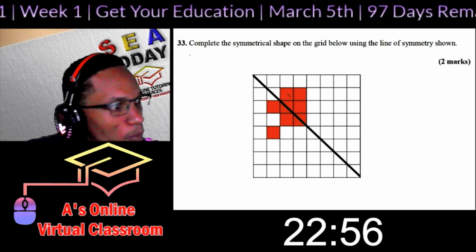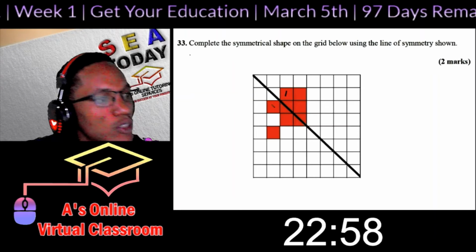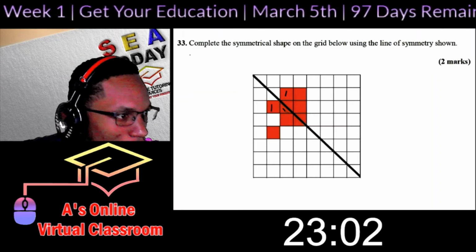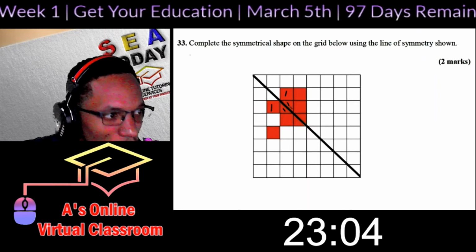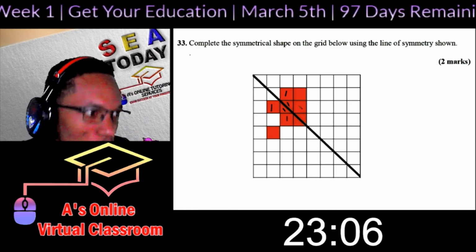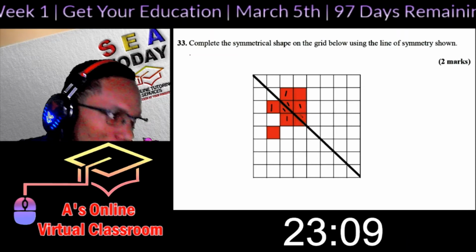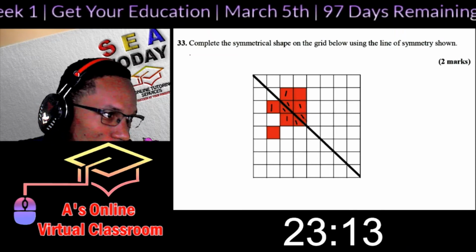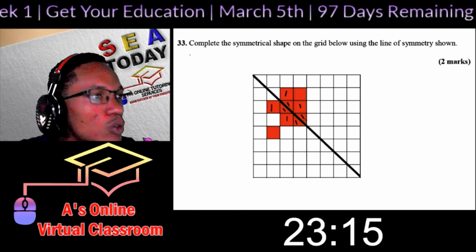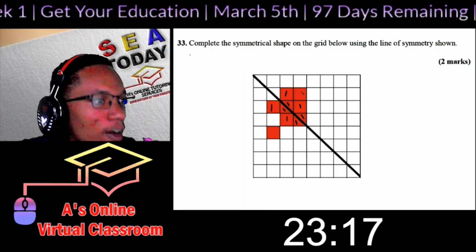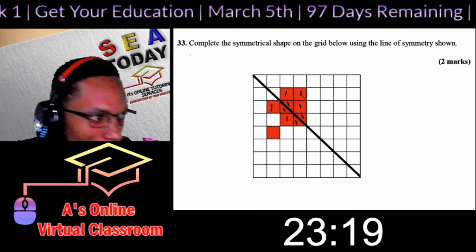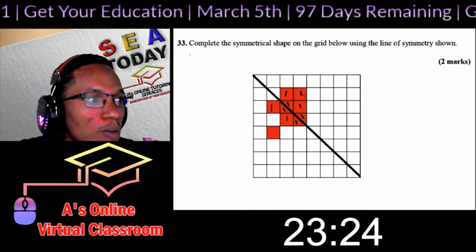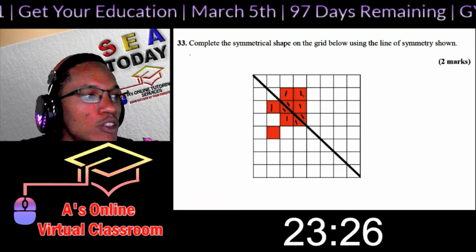So, for example, this matches with this. This half matches with this half. So every triangle you touch has to have a match. So if I touch this one, I have to match with this one. If I touch here, I need to match it with another square.